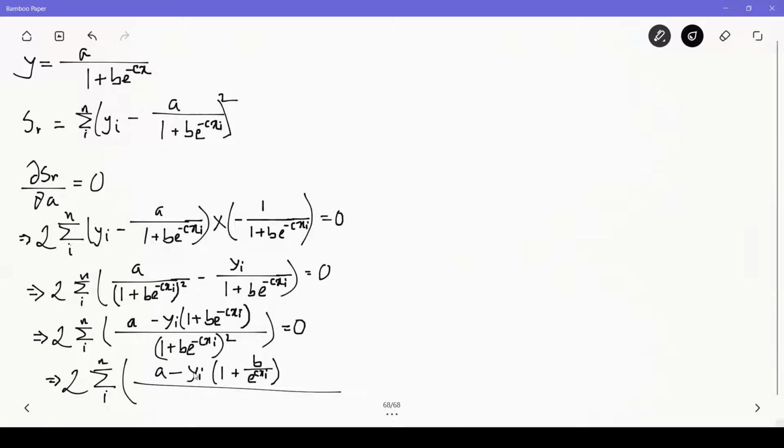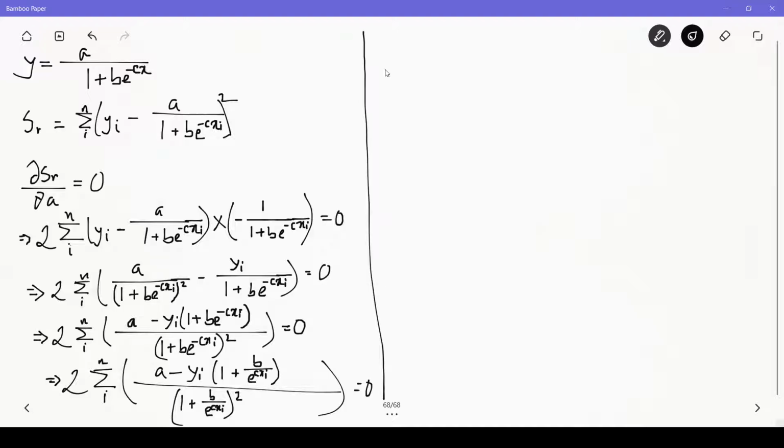And the same thing can be done at the denominator as well. So this becomes 1 plus b divided by e to the power cxi whole square, right? Equal to 0.